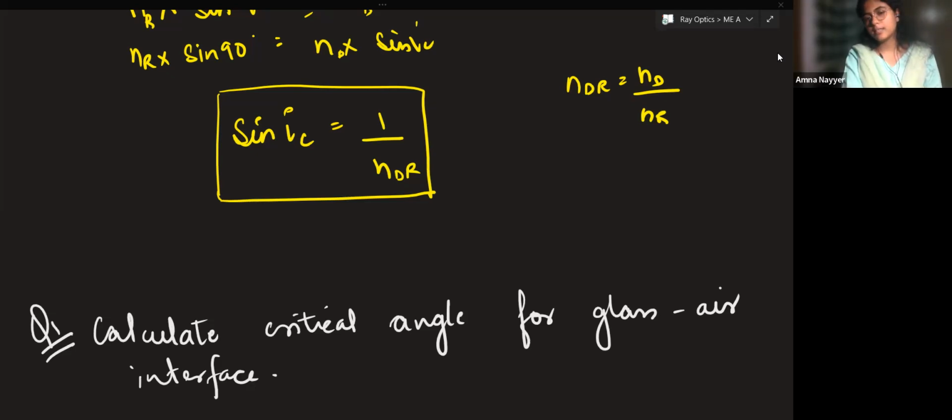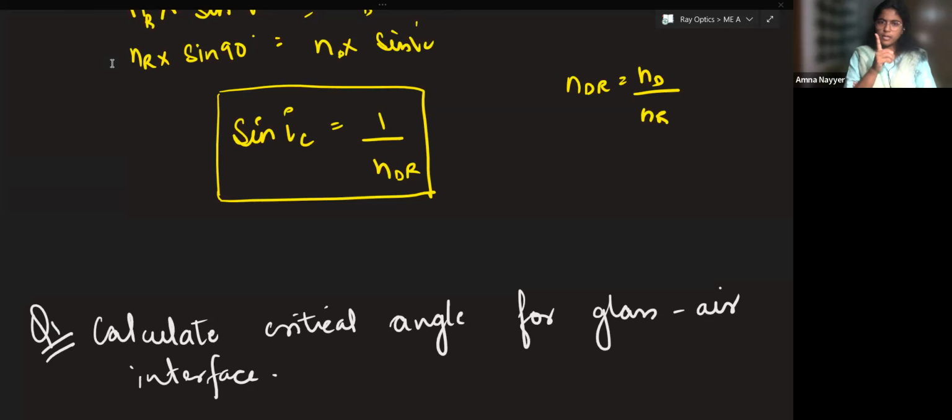One more thing, class. For glass, water and air, please try to remember the refractive indices of these three materials, because it can happen that in your exam questions will be given directly on it and the refractive index is not given.